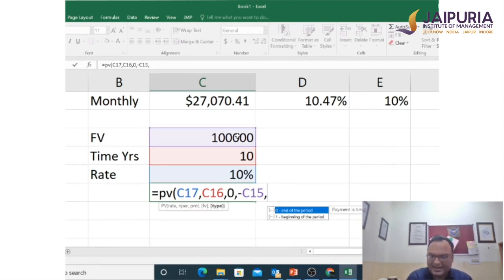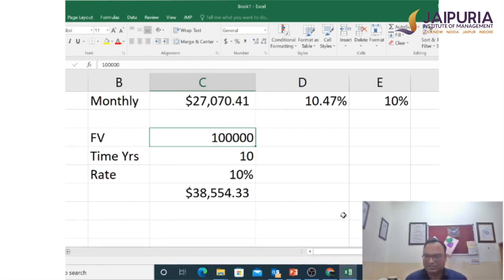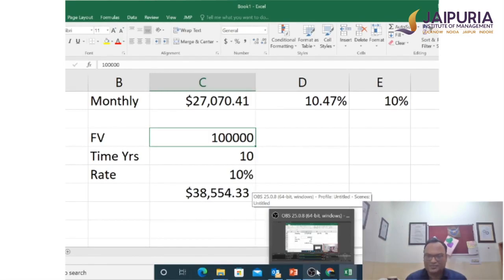Type, I can take any, it doesn't make a difference at this point. And therefore I got 38,554 rupees, which means if I invest 38,554 rupees today for 10 years at 10% per annum, I'll get a future value of 1 lakh rupees. So 38,554 rupees today and 1 lakh rupees 10 years later are equal amounts if the return is 10%. And this is the concept of time value of money. We'll discuss annuity subsequently in another class.